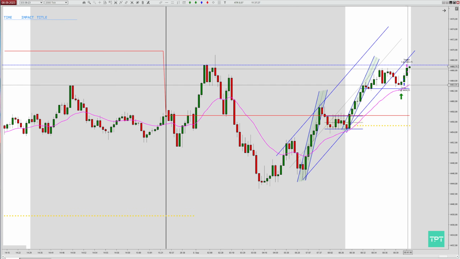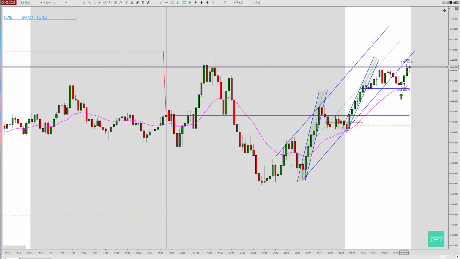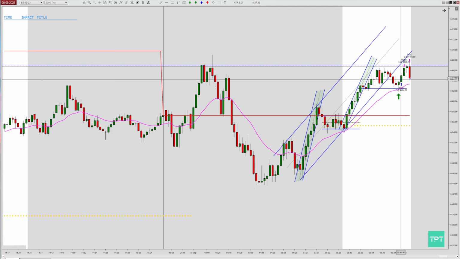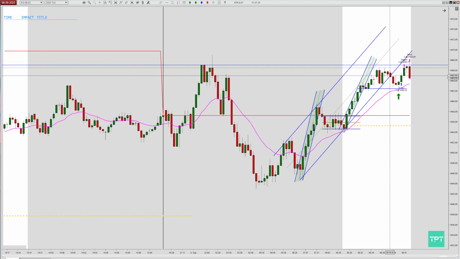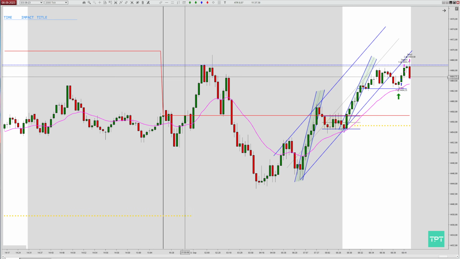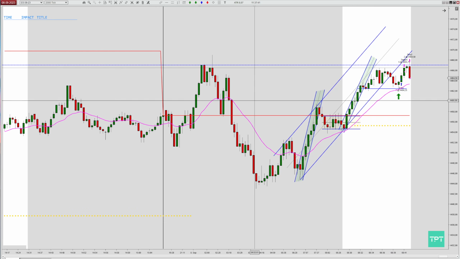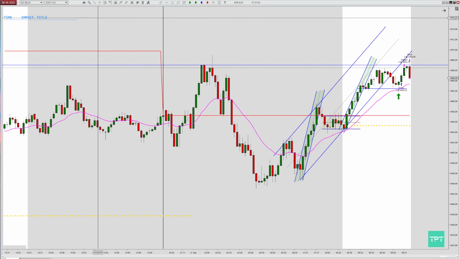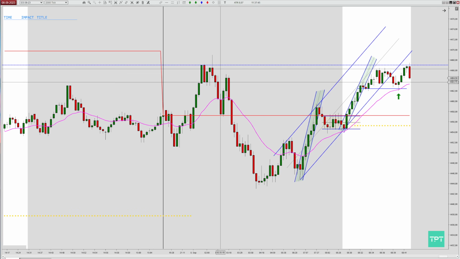This is also a trade that I took live today. I got in here on this level, and then unfortunately my runner got stopped, because we found some resistance at this level here, and prices really could not push through this.